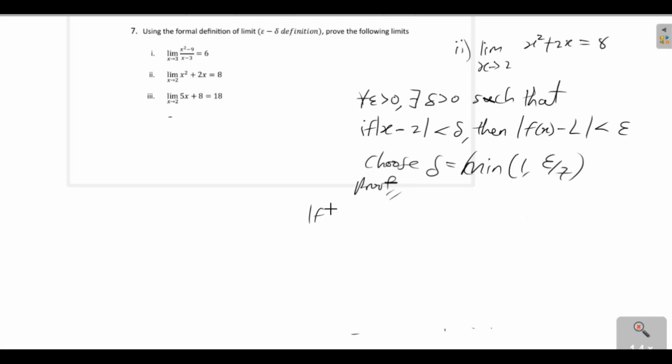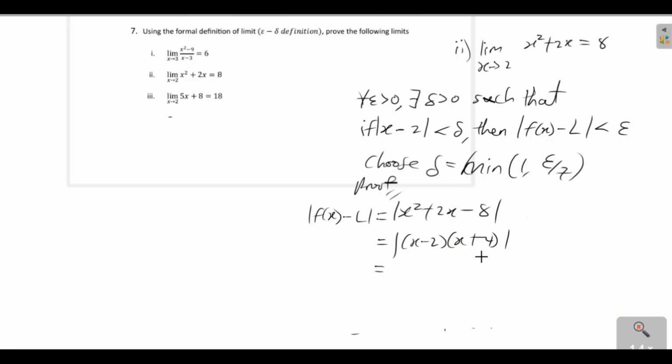Now |f(x) − L| is equal to, my f(x) is x squared plus 2x minus the limit 8. And this is a quadratic expression. Of course, just like doing a reverse of the exploration. So we are going to have |x − 2| and then |x + 4|. And of course here we bounded x + 4 to be less than 7, if you remember.